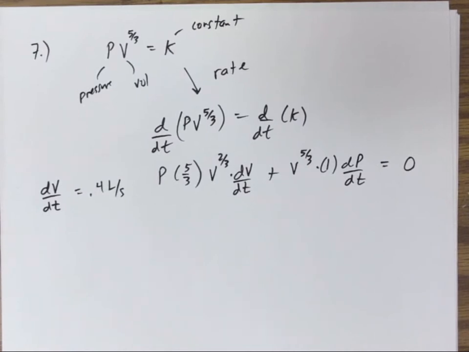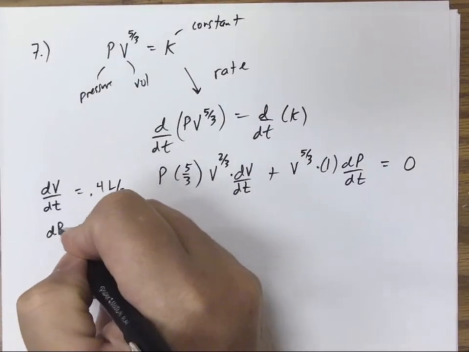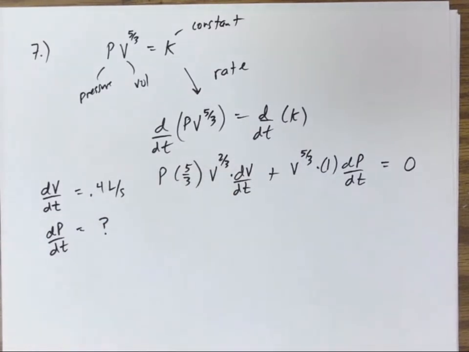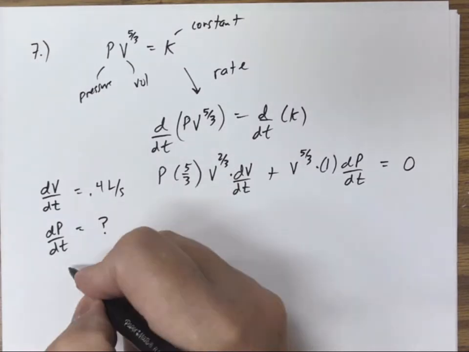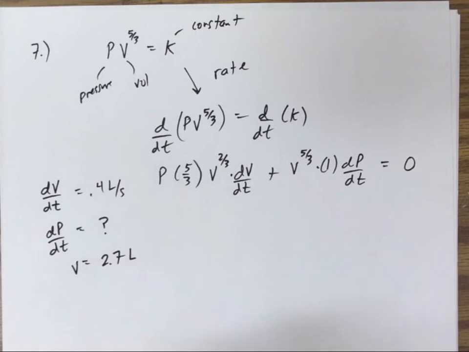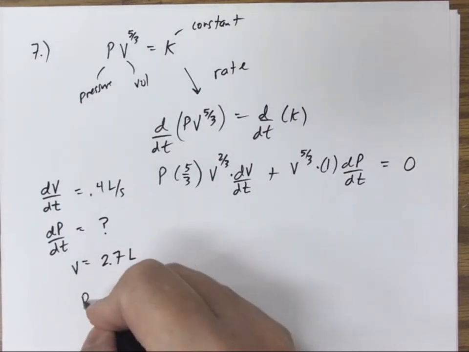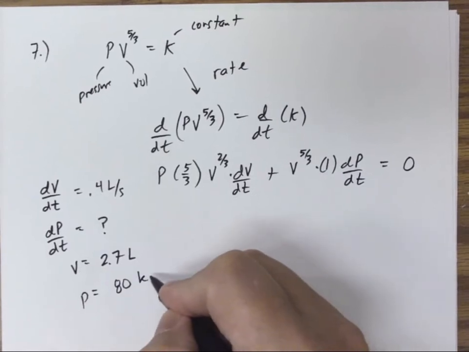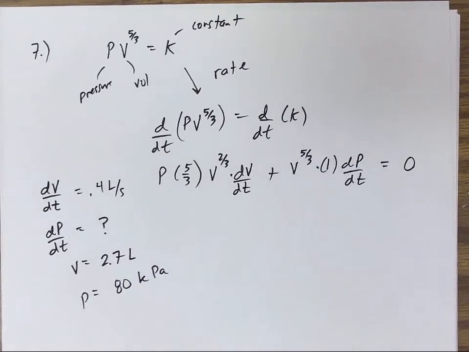How quickly is the pressure decreasing? So really it looks like they're asking us about how the pressure is changing. How quickly is the pressure decreasing when the volume is 2.7 liters and the pressure is 80 kilopascals.